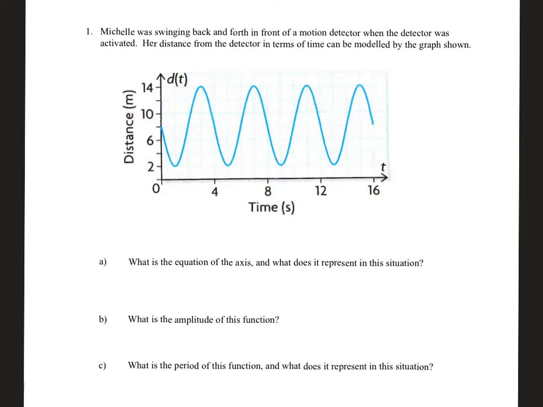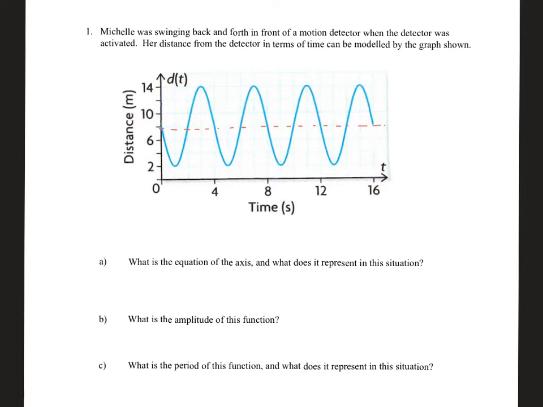As you take a look, that graph is going to represent that motion in front of a motion detector. I'm going to highlight a couple key things on the graph that are going to help us answer some circumstances about the problem. The first thing we should notice is the middle of my graph.